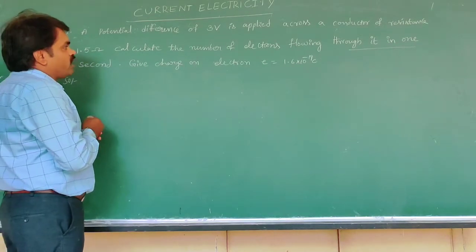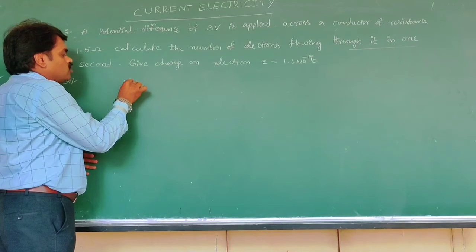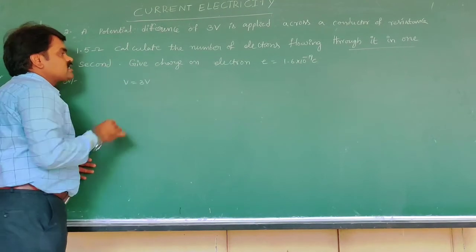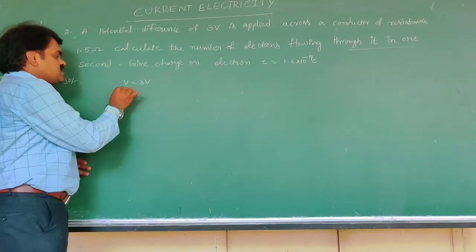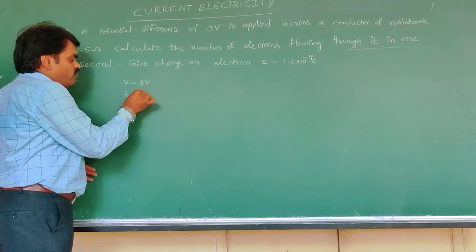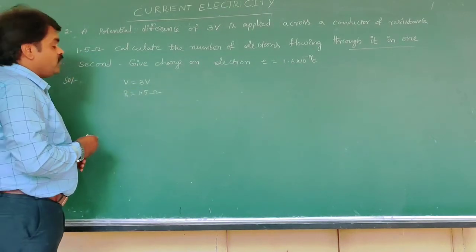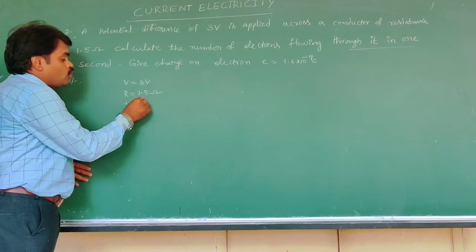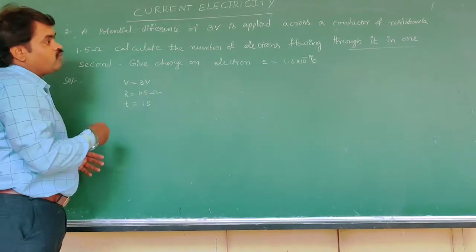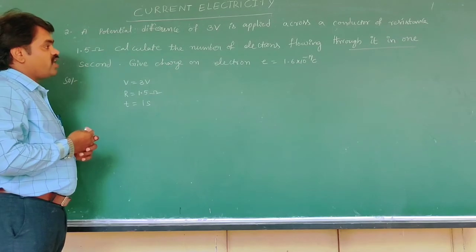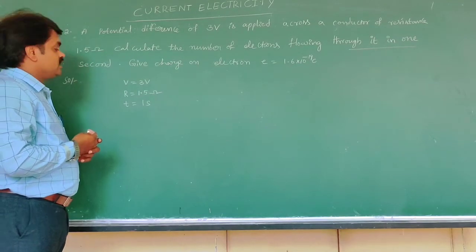First, what is given right now: V is equal to 3 volts, resistance of the conductor is 1.5 ohm, and time t is equal to 1 second. They are asking the number of electrons flowing through it in 1 second.